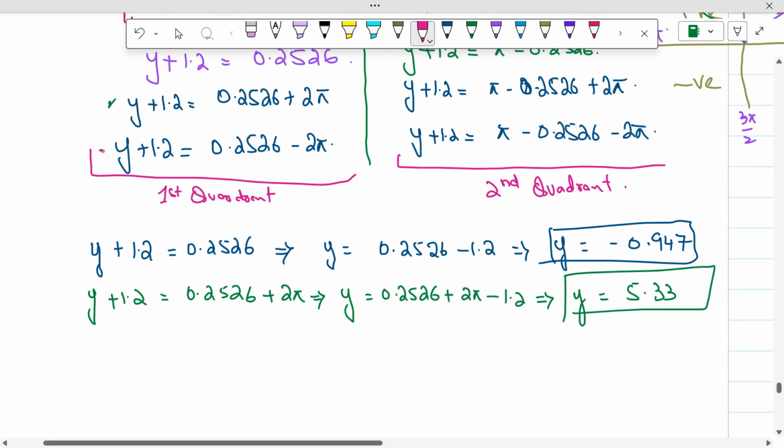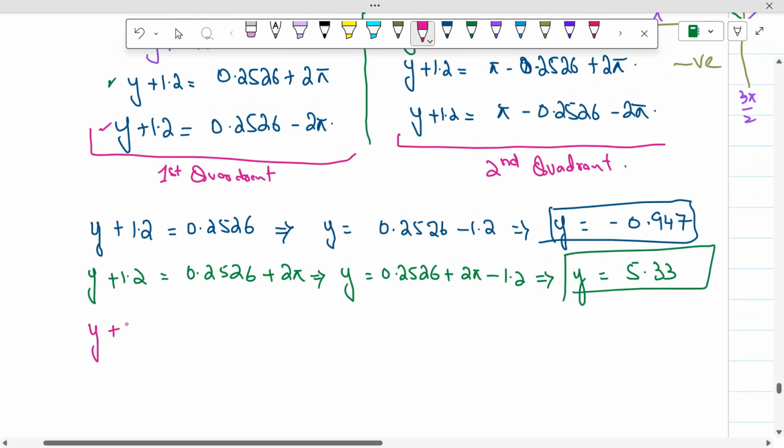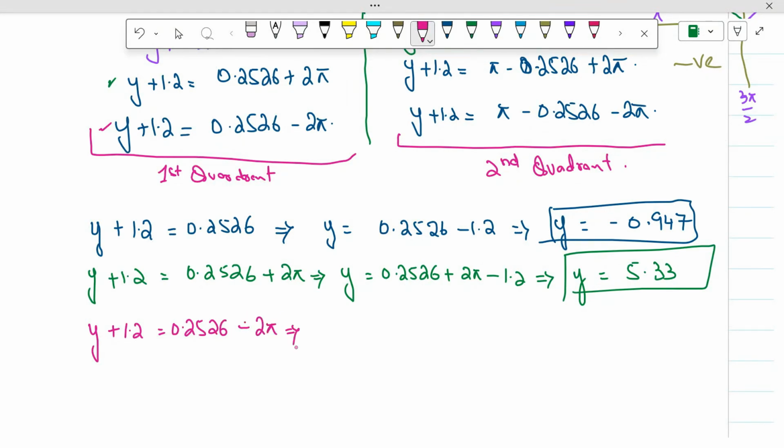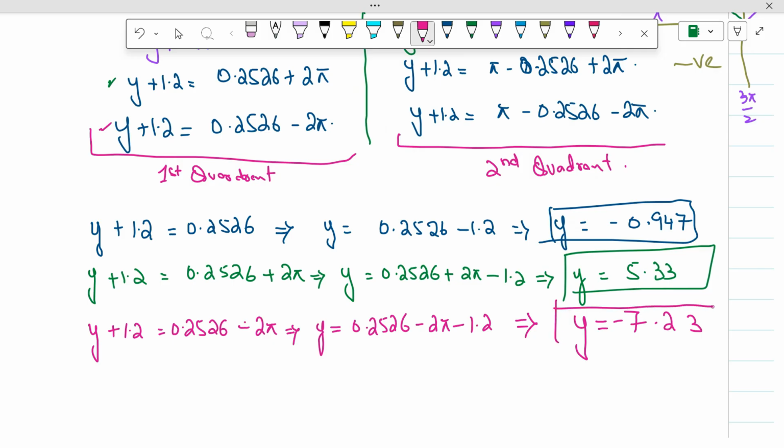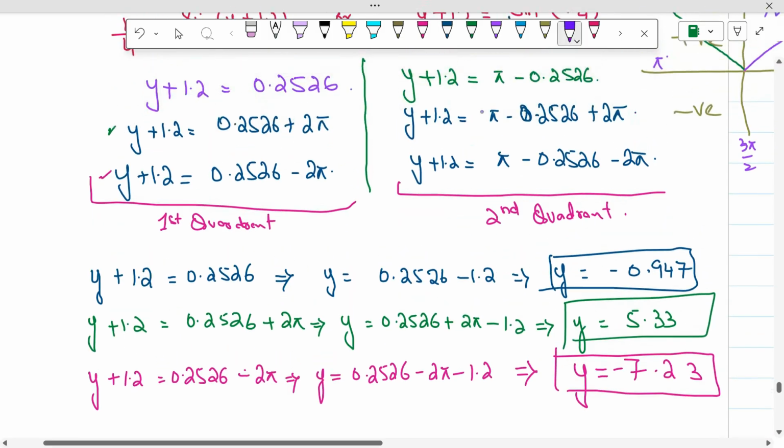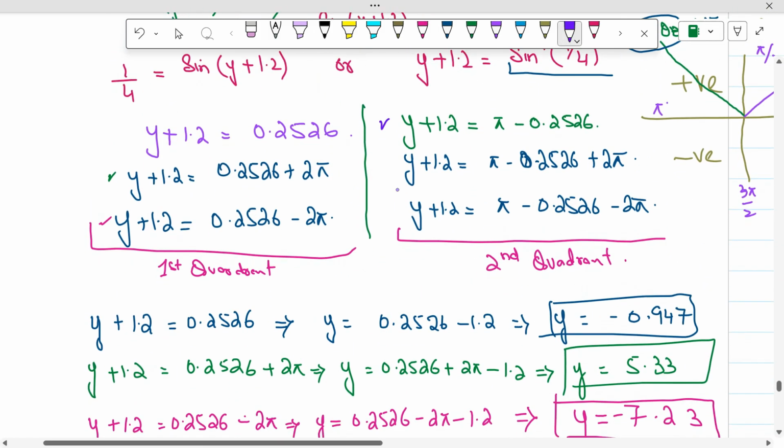Now consider this equation: y plus 1.2 is equal to 0.2526 minus 2 pi. On solving, we will have y is equal to 0.2526 minus 2 pi minus 1.2. Y is equal to negative 7.23. Now we will solve these three equations.